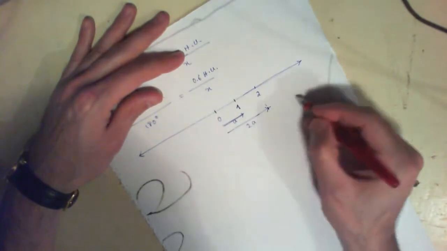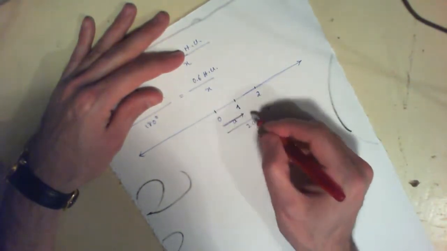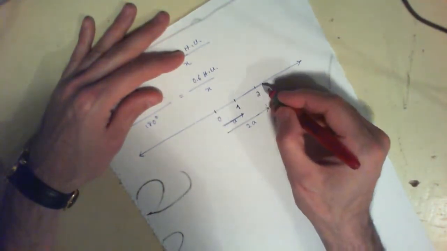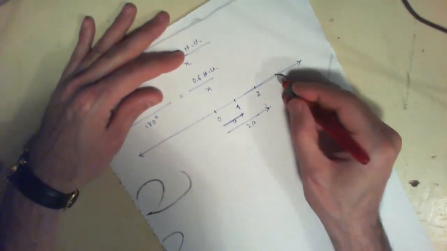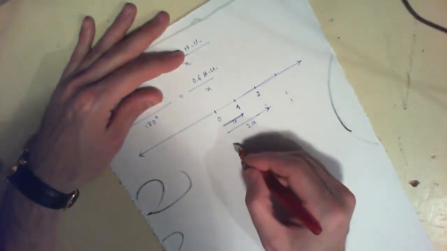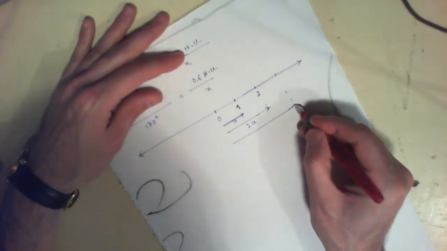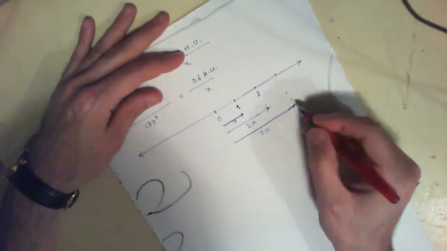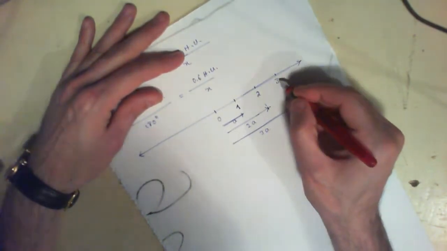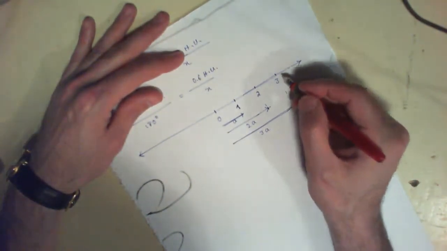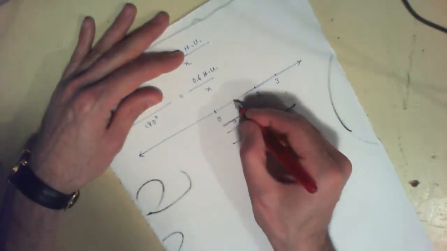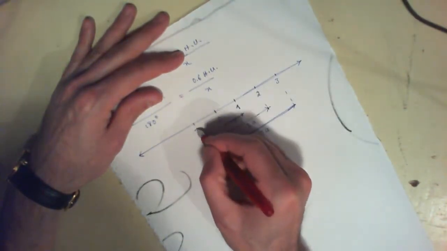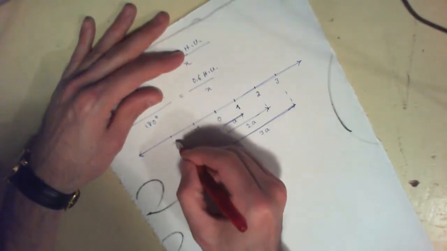If you move thrice this distance, 3A, on this number line, it's going to be 3 units, meaning that if you move all the way up to here, it's going to be 3A, and as a result you get to positive 3. You do the same thing over here: that would be -1, that would be -2, and so on.